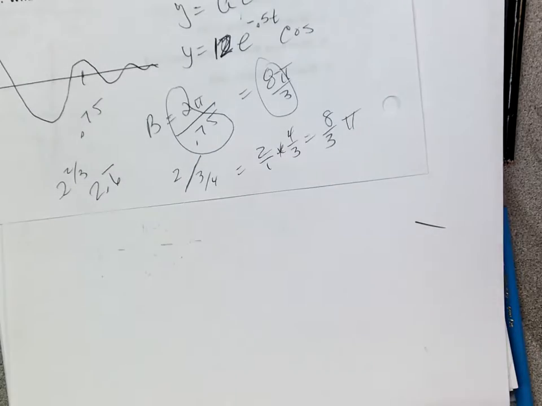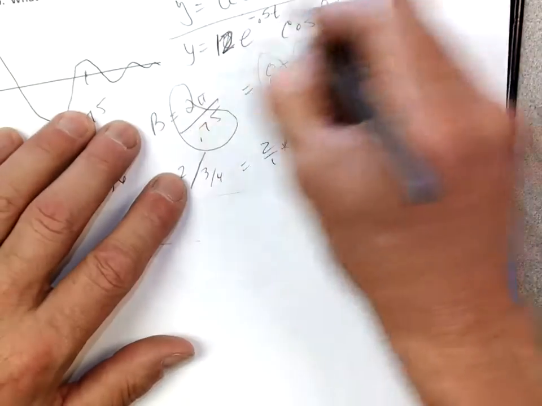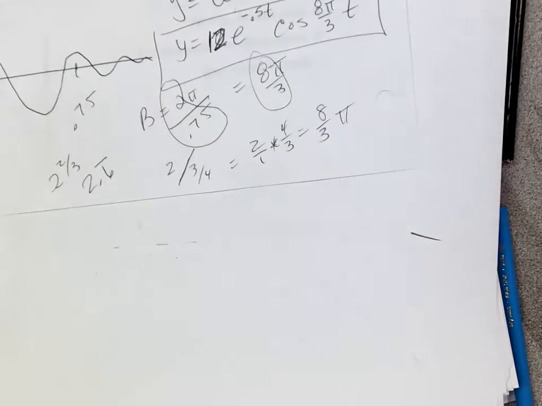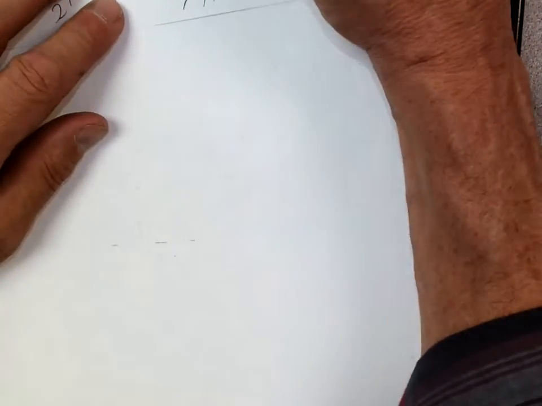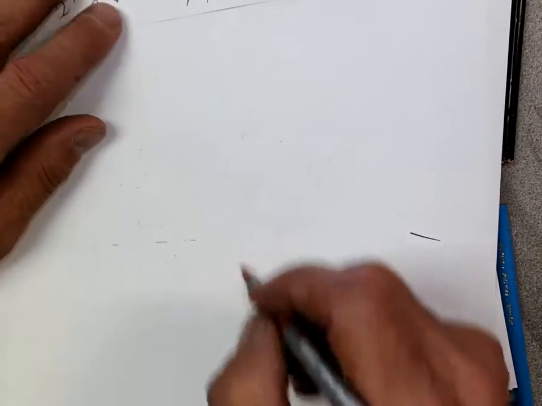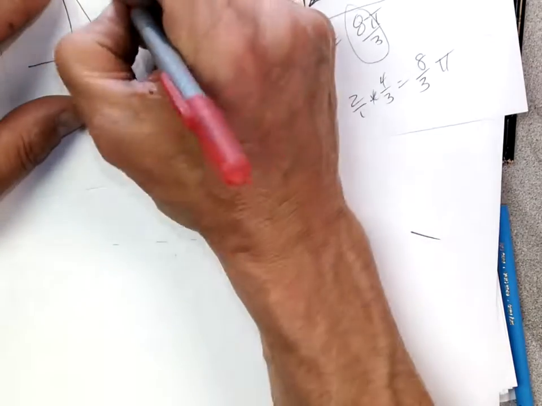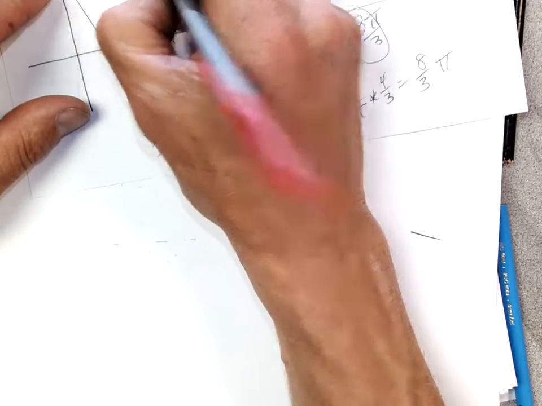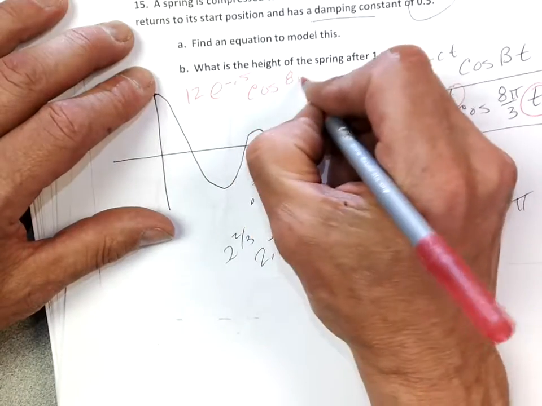Okay, so then I'm going to use my 8 pi thirds t, and there's my equation. Now, what's the height after 1 second? Well, let's plug in 1. For 1 second, we're going to go 12 e to the negative 0.5 cosine of 8 pi thirds.